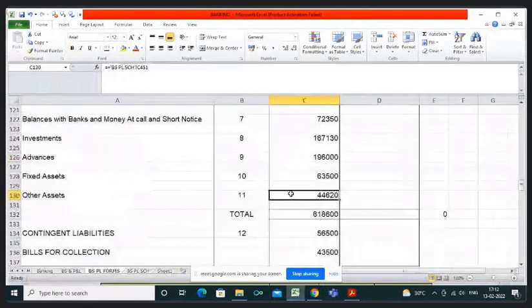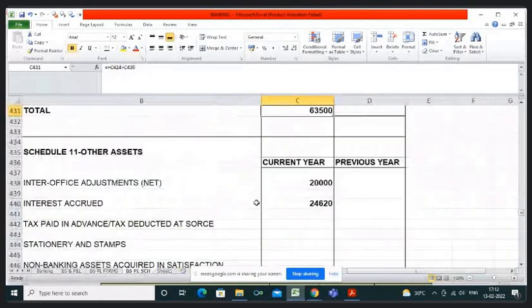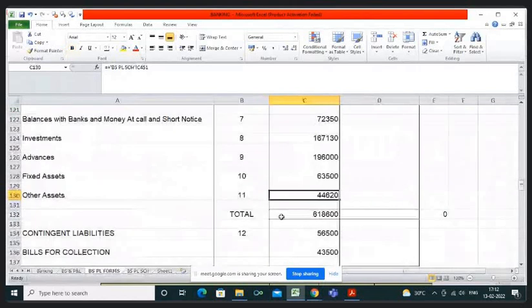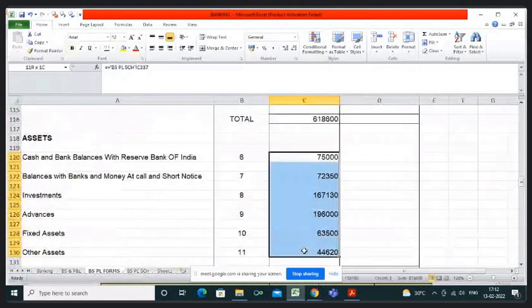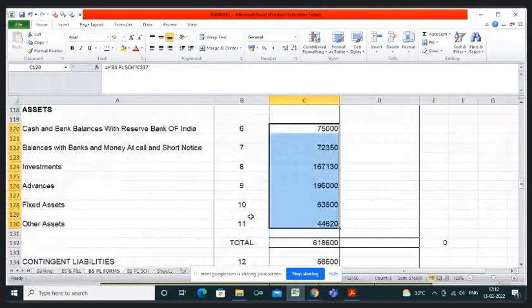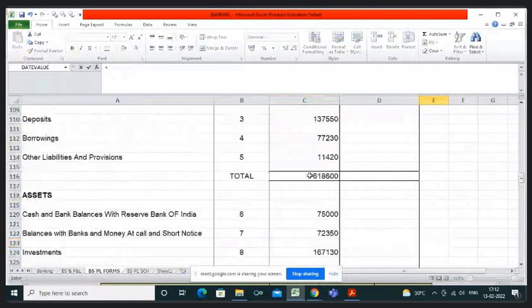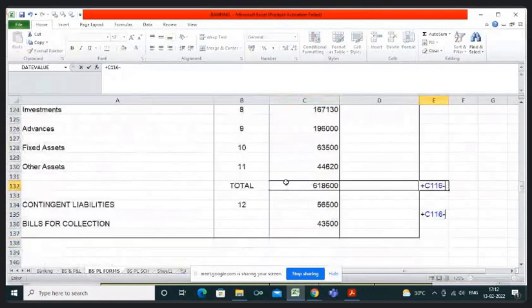Then other assets, the final schedule of the balance sheet, 44,620. So when I total the asset side, all the 6 schedules, I have a balance of 618,600. So I'm just checking whether my assets and liabilities are matching. This minus this, what is the difference? Difference is 0. So my balance sheet is tallied.